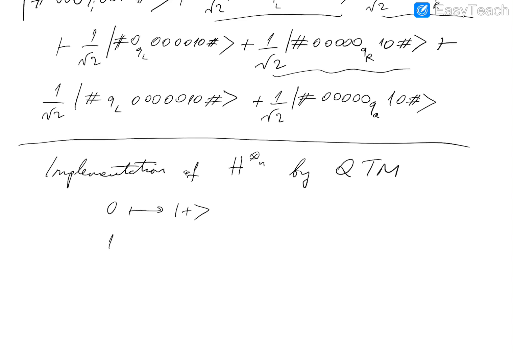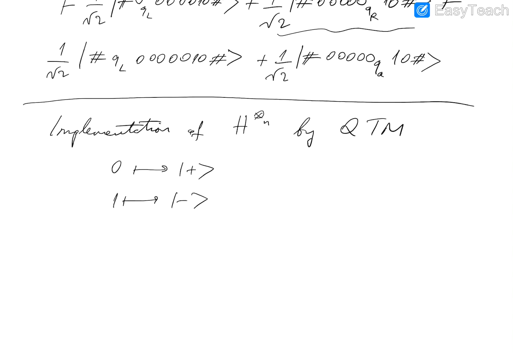And we transform each one into ket minus. So we have a 0, 1 sequence in the inputs. Whenever we encounter a 0, we will transform that into a superposition of 0 and 1 with plus sign. And whenever we see a 1, we'd like to transform that into a superposition of 0 and 1 with minus sign.